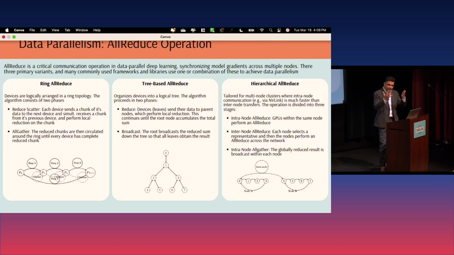Once that happens, it pushes up to the further parent. And once the overall propagation is back at the root, the root broadcasts the entire reduced result across all the GPUs. So if you think about it, there are certain operations that can happen in parallel because it's not happening in a sequential essence.